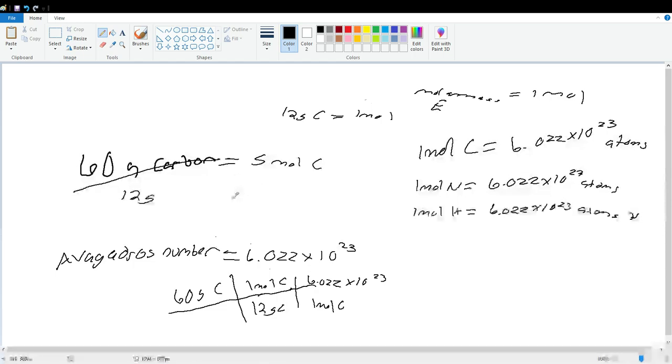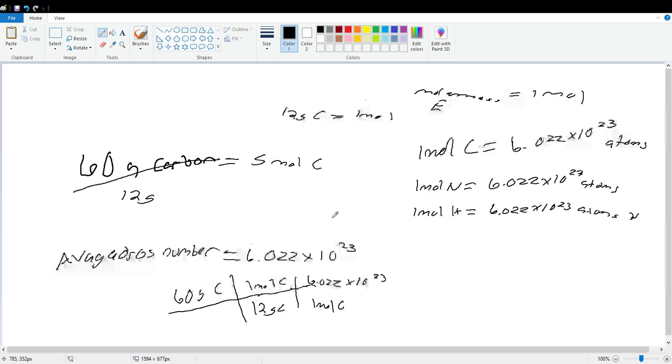So in this video, we're going to introduce Avogadro's number. What is Avogadro's number? You could see down there that the number for Avogadro is 6.022 times 10 to the 23rd. But what does that mean? When you have 1 mole of carbon, then you have 6.022 times 10 to the 23rd atoms.